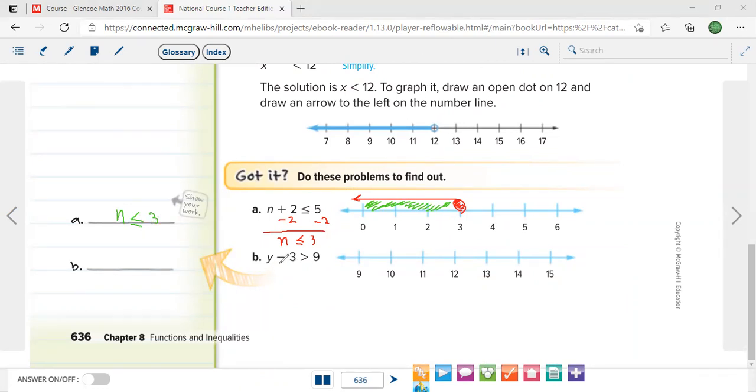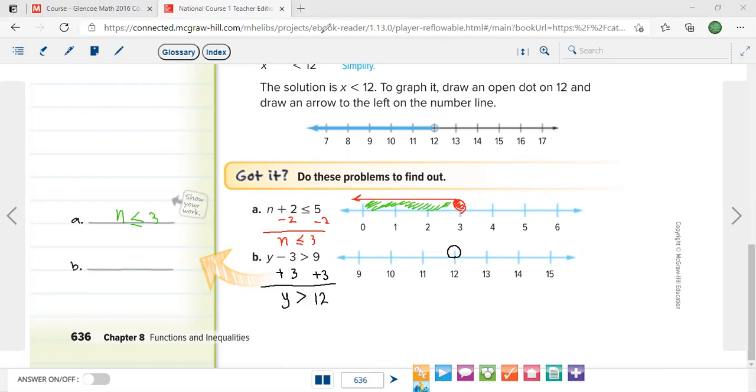Problem B, this is a subtraction inequality, so you will use addition, plus 3 plus 3. Now, y remains alone in the left hand side, greater than 9 plus 3 is 12. So we will make an open circle for 12, open circle. We don't have here an or equal sign.